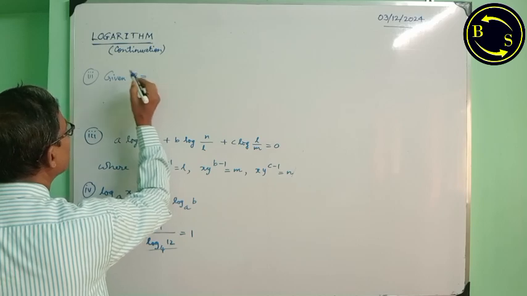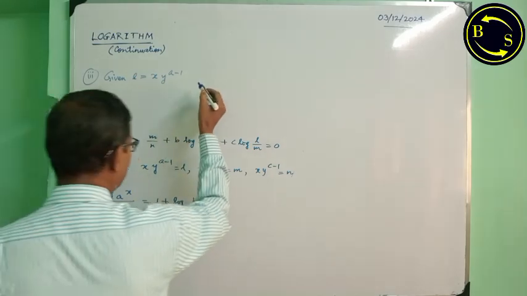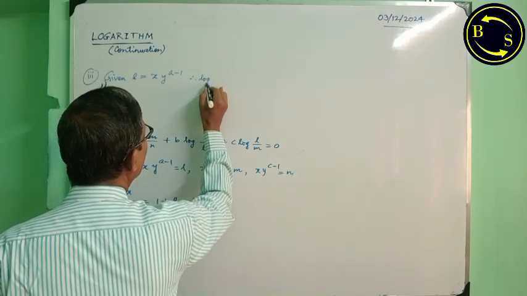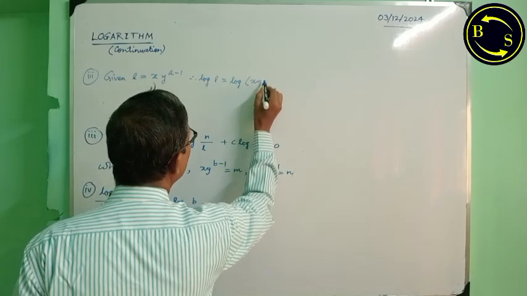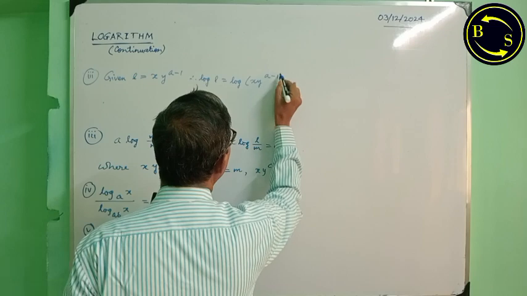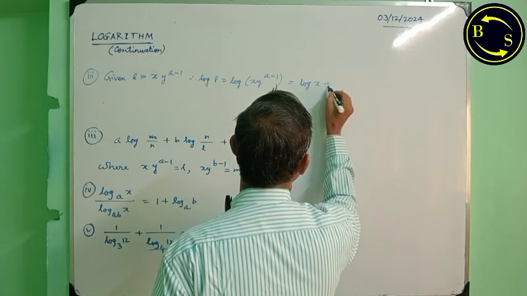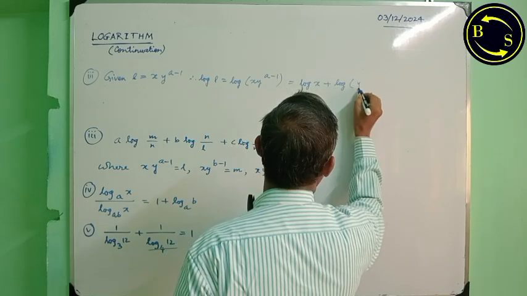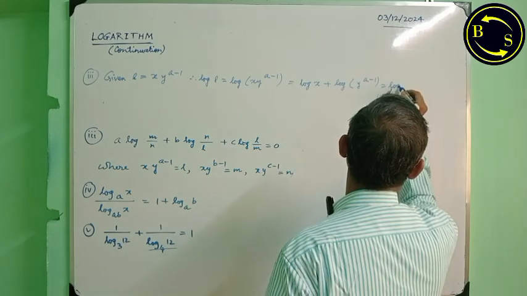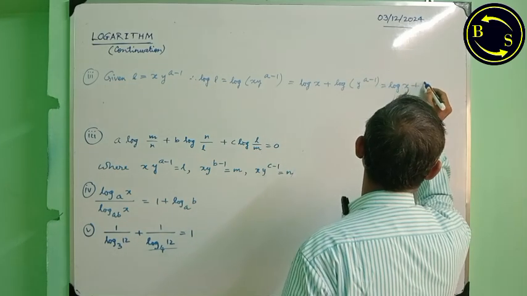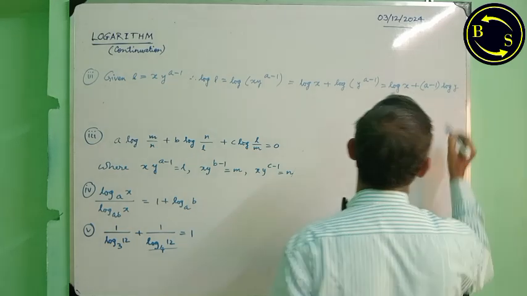L is equal to x, y to the power a minus 1. Therefore, log of L equal to log of x, y to the power a minus 1, which will be equal to log x plus log of y to the power a minus 1, that is equal to log x plus (a minus 1) whole into log y.